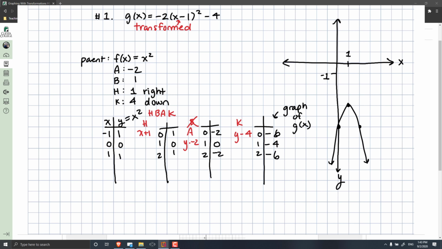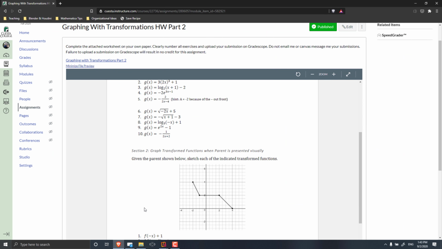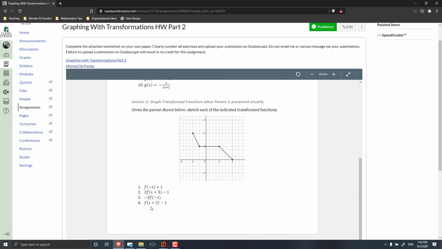Okay, so let's do an example of a part 2 problem. For part 2, still graphing with transformations, but just a different style. For number 2, what we're going to keep track of is the points on our parent. Instead of having a formula that we have to plug into to get them, we already have them.